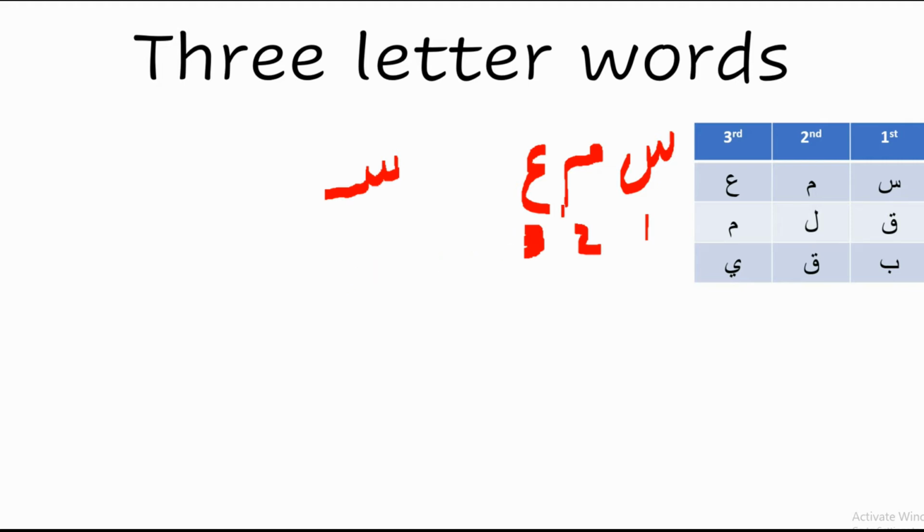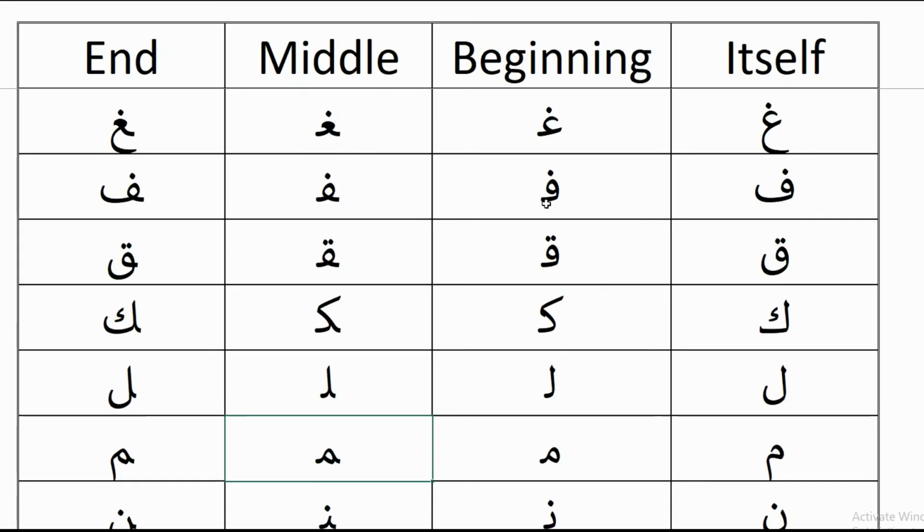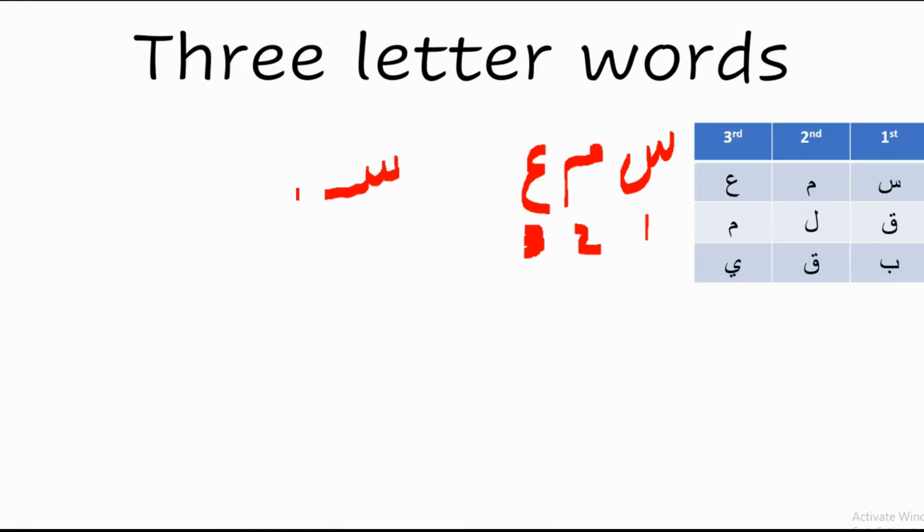So Mim is in the middle of the word. So let's see Mim in the middle column. This is how Mim looks like in the middle. So let's copy this shape. This is Mim in the middle, something like this.